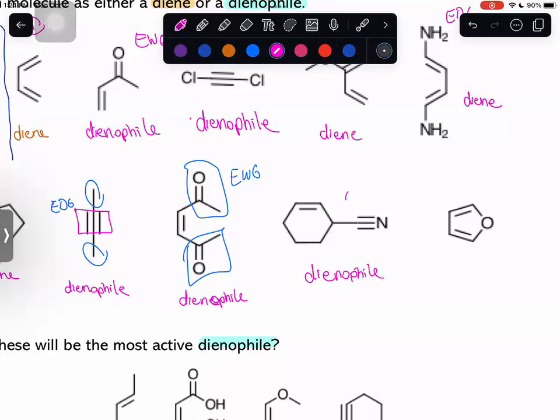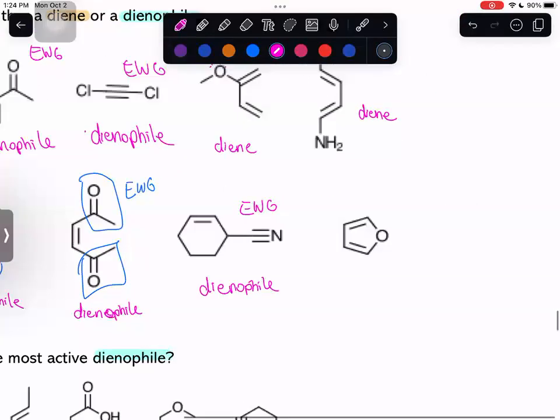Withdrawing groups. Very last one, what is it? It's a diene. What kind of group do we have? An ether, which is donating or withdrawing? Donating, exactly. We have the lone pairs here.